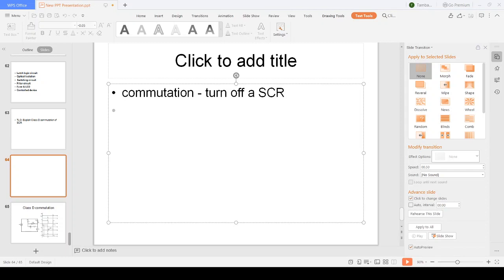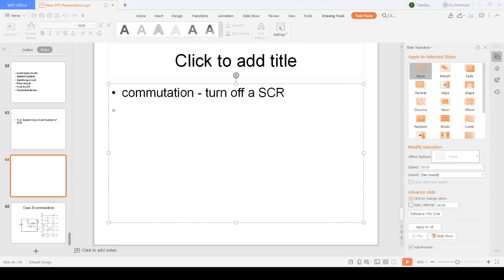We know that SCR stands for silicon controlled rectifier, and the property of this SCR is that once it gets turned on, it remains in on state.